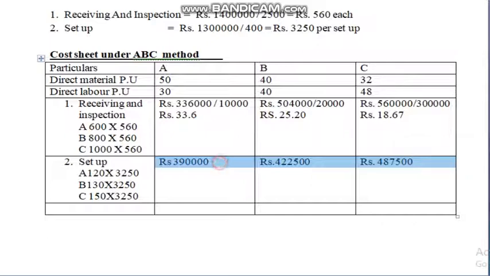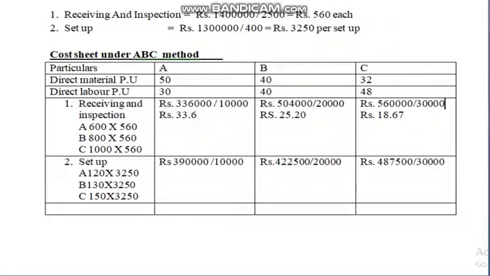So how to convert total cost into cost per unit? Divide by the number of units produced or manufactured. So product A 10,000 units, for product B 20,000 units, and for product C 30,000 units.